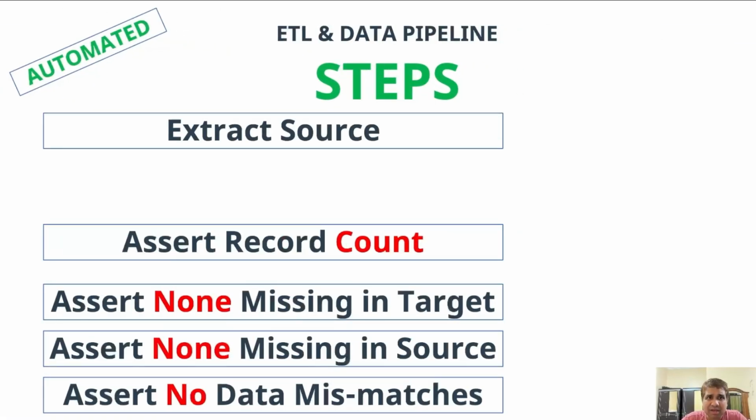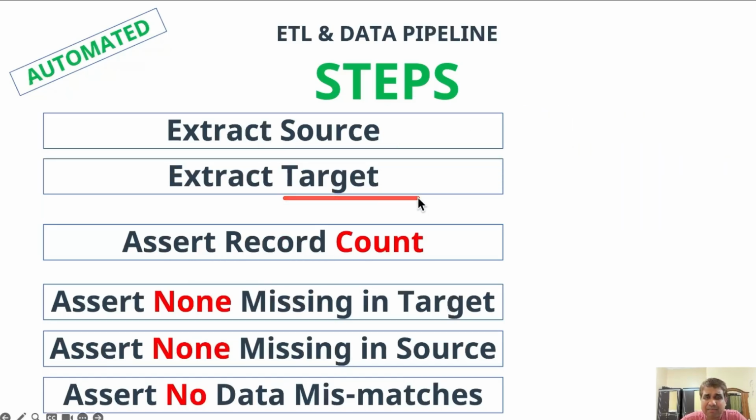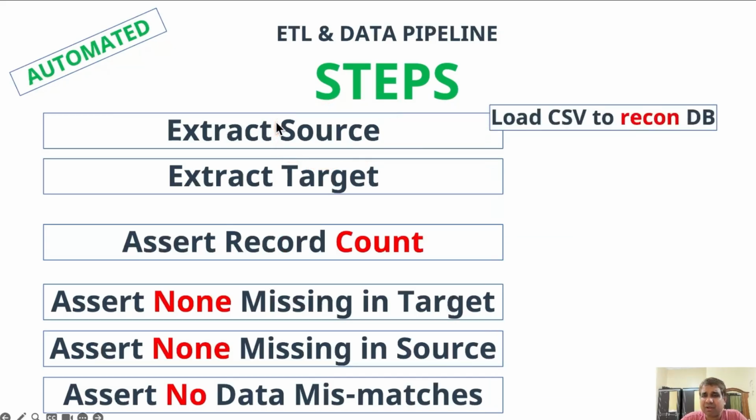So the first high level step is broken down into two steps: extract source, then extract target. In the extract source step, you get the CSV file and load it to the reconciliation database. It's a temporary database where we perform our reconciliation process.